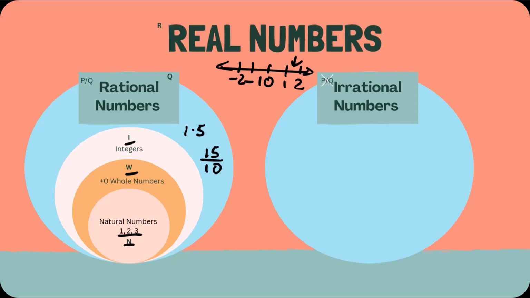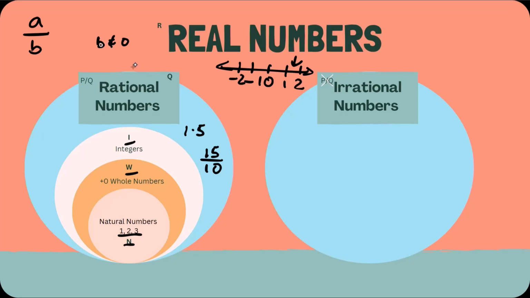Fractions are written as a by b. Are a and b integers or natural numbers? Any idea? They are natural numbers, so I can say a and b belong to whole numbers, where b is not equal to 0. b cannot be equal to 0, okay?